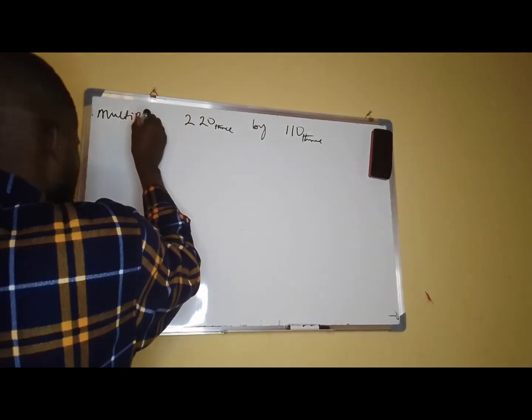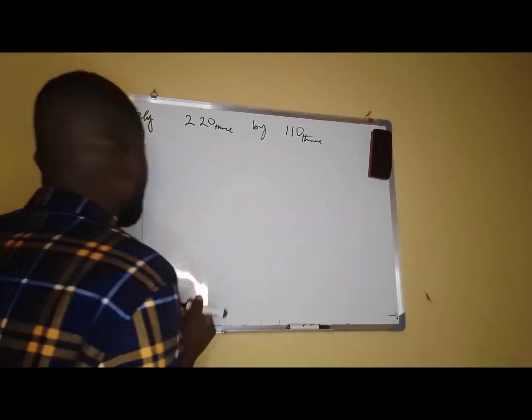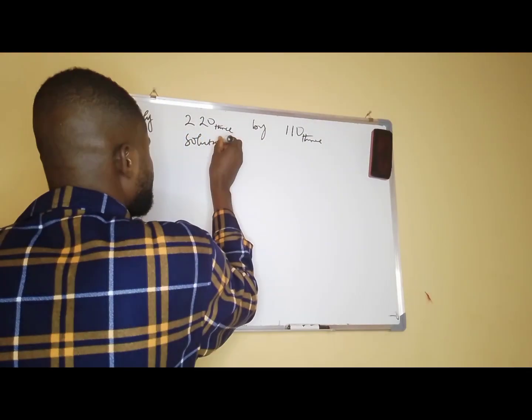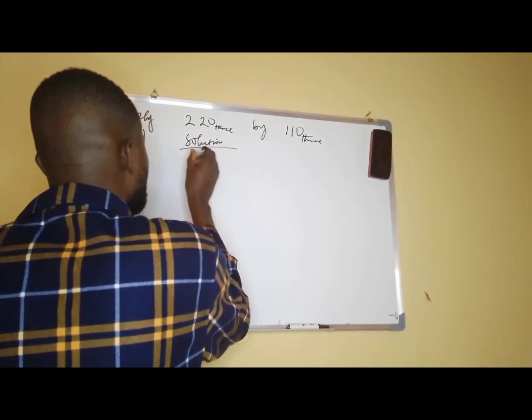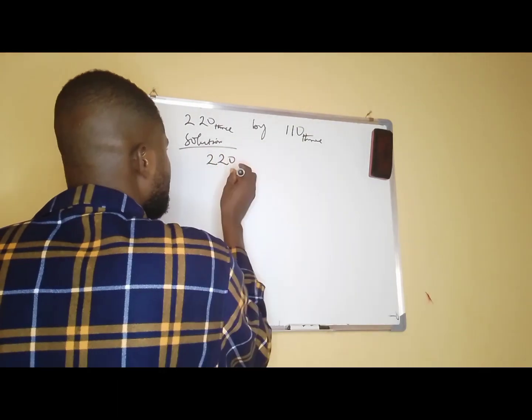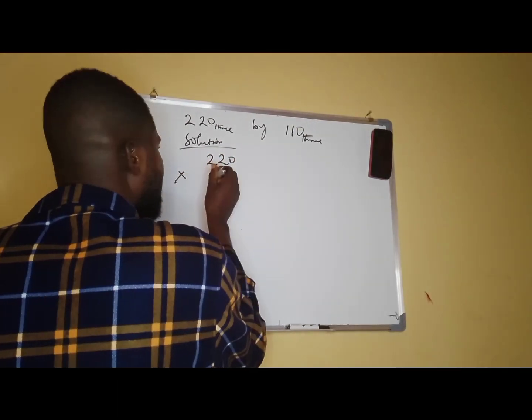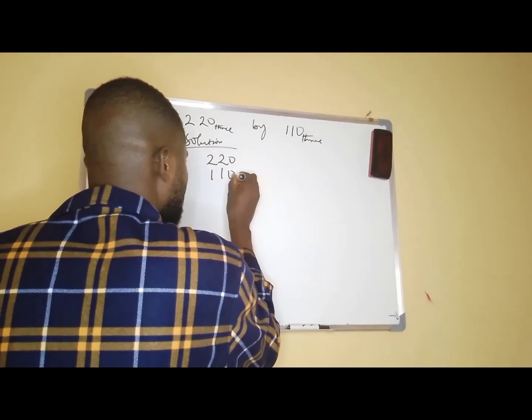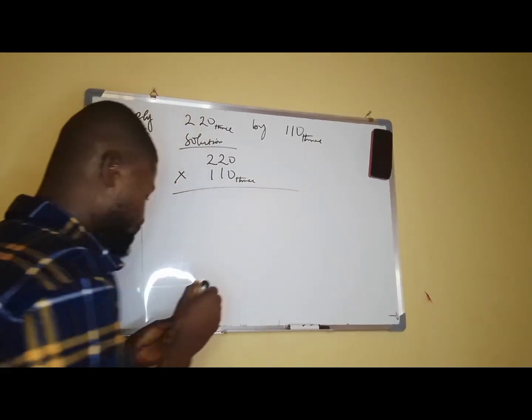Now you draw your line and say solution. 220 base 3 multiplied by 110 base 3 will now be.